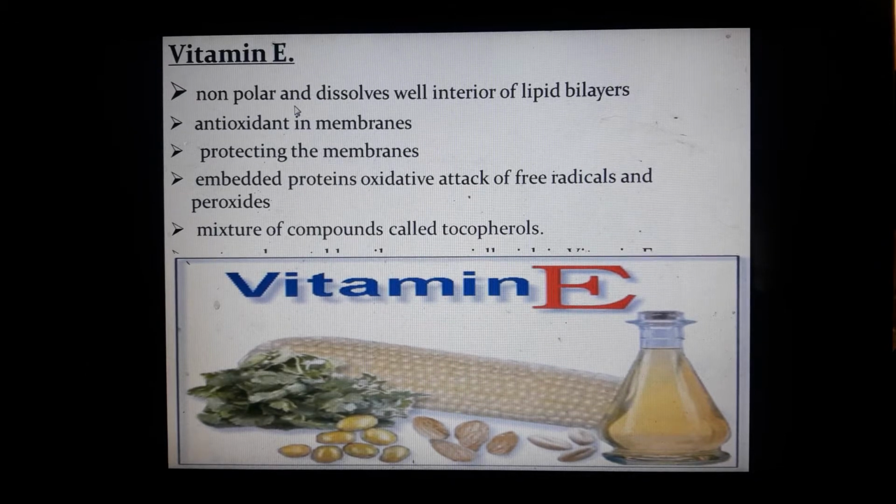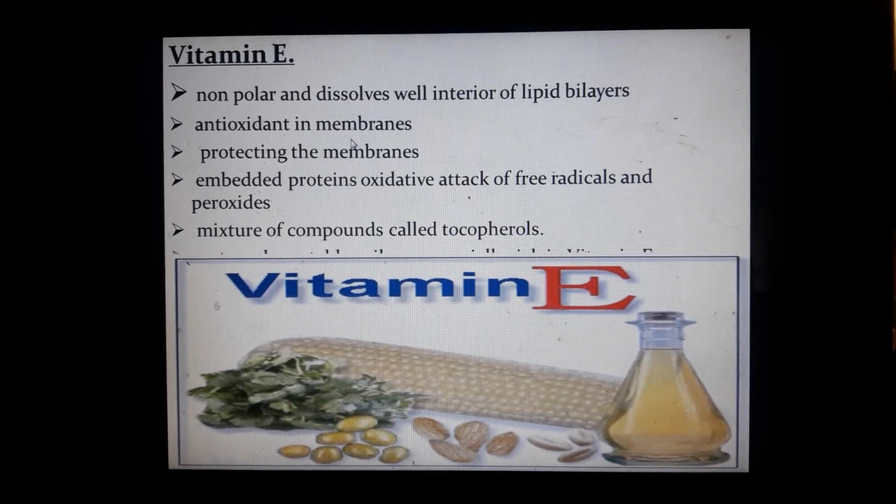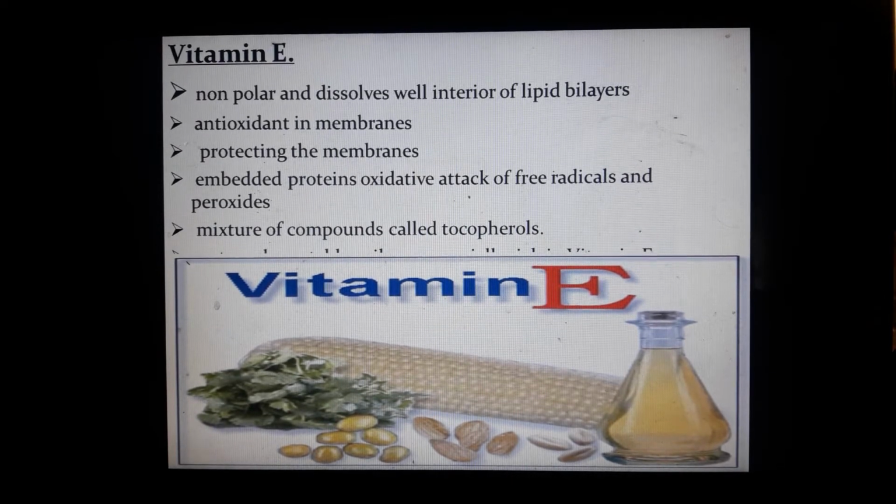So when you say non-polar, fat-soluble, hydrophobic, it dissolves in the interior of lipid bilayers, meaning vitamin E, tocopherols or alpha-tocopherols, penetrate the tissues. Okay, so usually they are well absorbed in the lipid layer. As an antioxidant, it plays an important role in preventing the degradation of the membranes, which also protects against the oxidation of proteins.